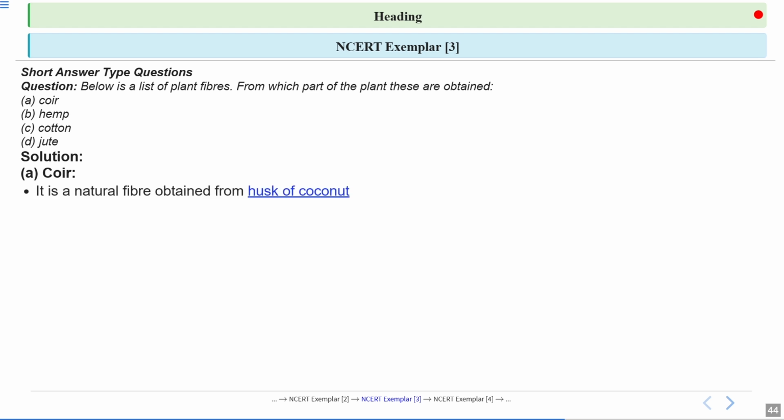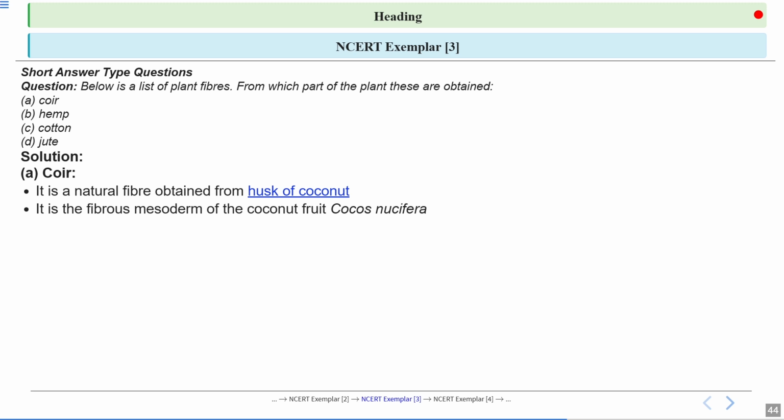Coir. It is a natural fiber obtained from the husk of the coconut. You must have seen the dry coconut, the brown one. You must have seen that there are hair-like structures present all over the coconut, and that is called the husk of the coconut, right? So it is a fibrous mesocarp layer of the coconut fruit.